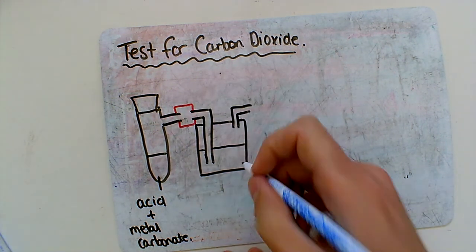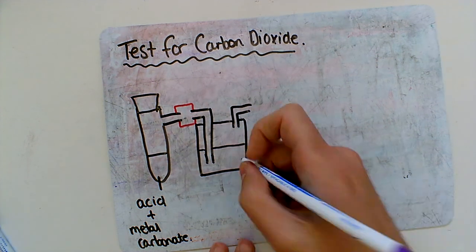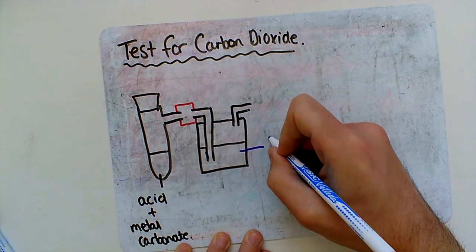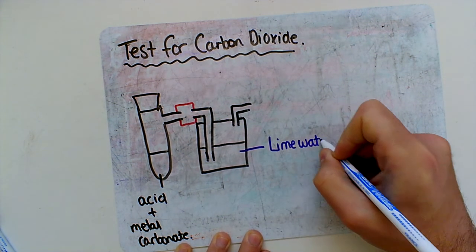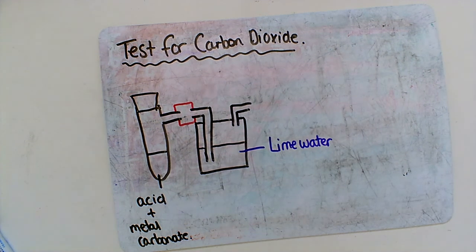And in here, we have lime water. So lime water is water with a calcium compound dissolved in it. And it is colourless to start off with.